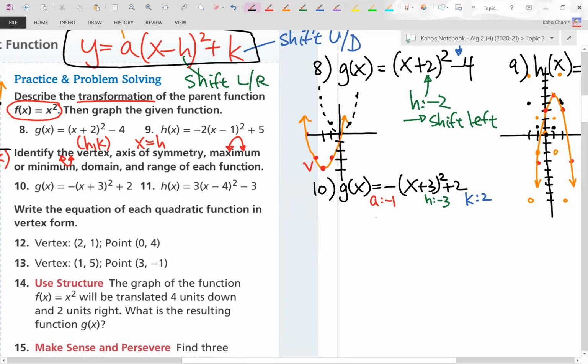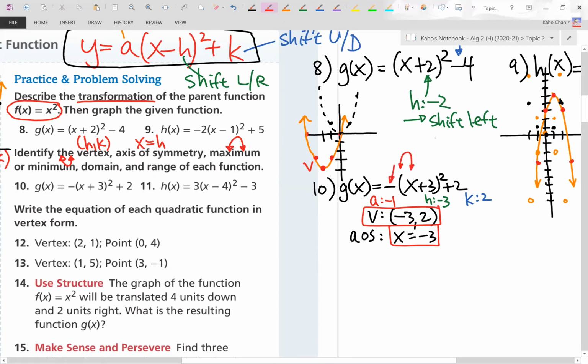The vertex is at (-3, 2). Ding, ding, ding. Axis of symmetry is next. AOS: x equals -3. Nice. So far we have some information here. There we go. And it's opening down because of the negative sign.